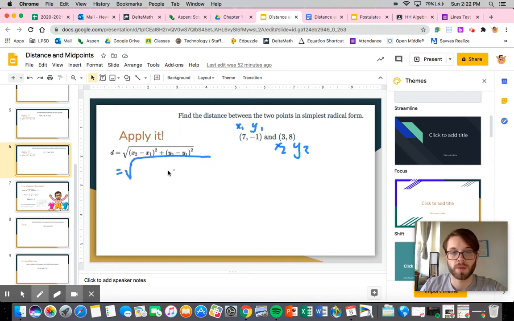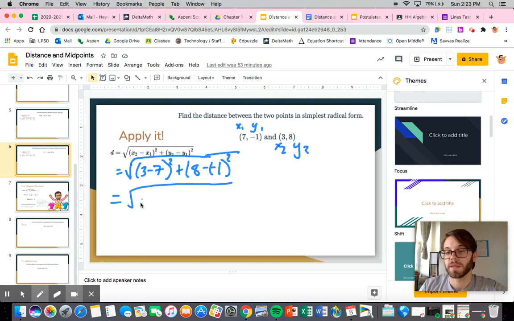So I get the square root of, that's my x2, 3 minus 7 squared plus 8 minus a negative 1. Okay, and let's just double check and make sure we did that right. So we have 8, yep, minus a negative 1, yep, 3, yep, okay.